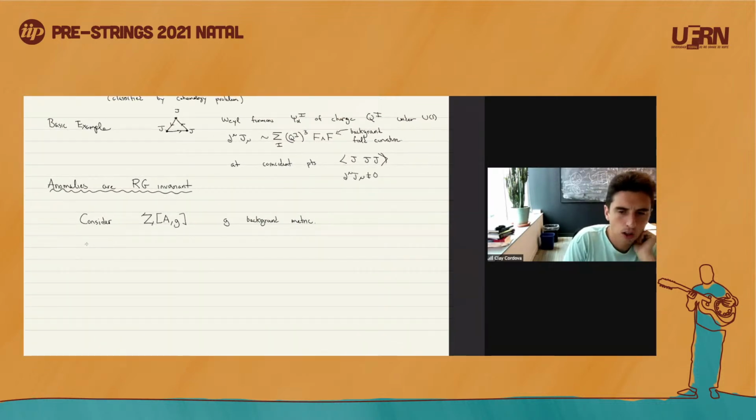So why introduce this background metric? The reason is that by changing g, so g goes to e to the sigma g, we probe long distances.